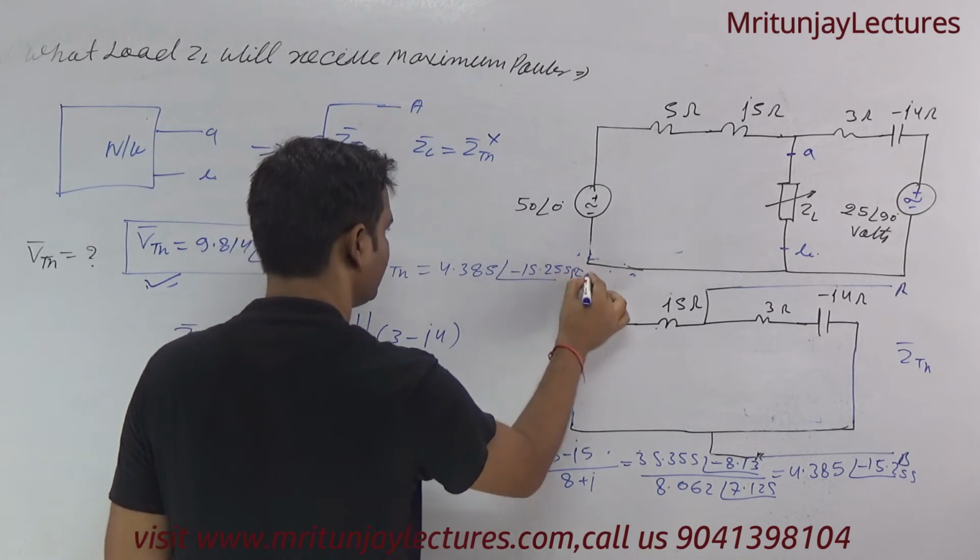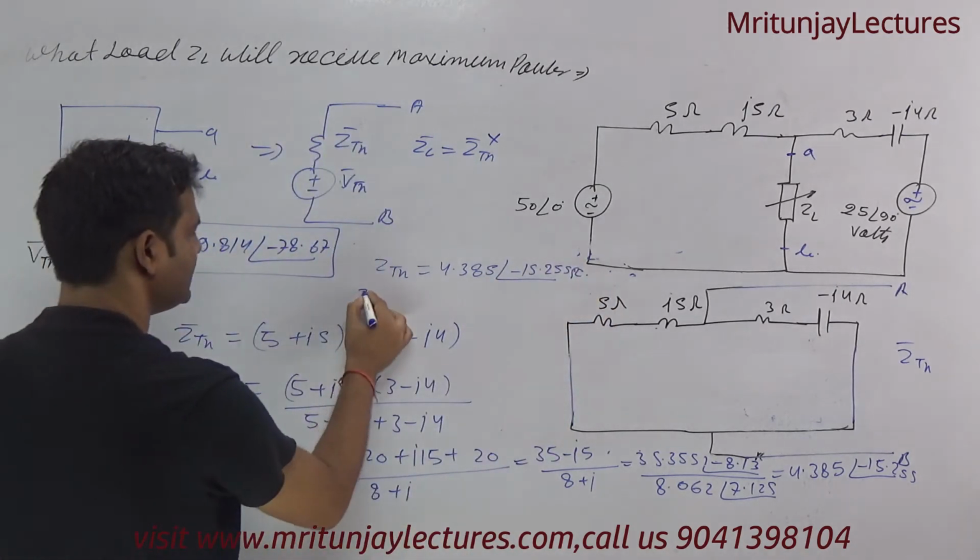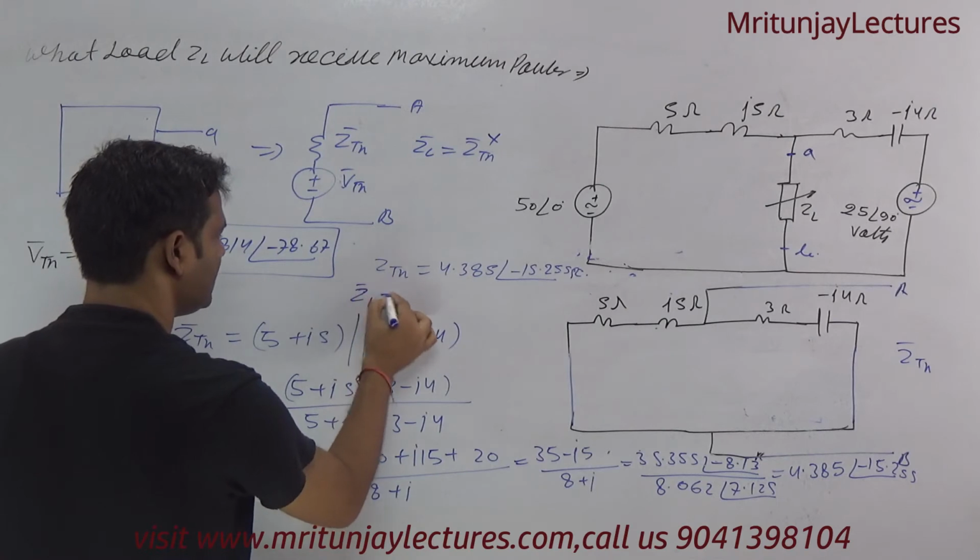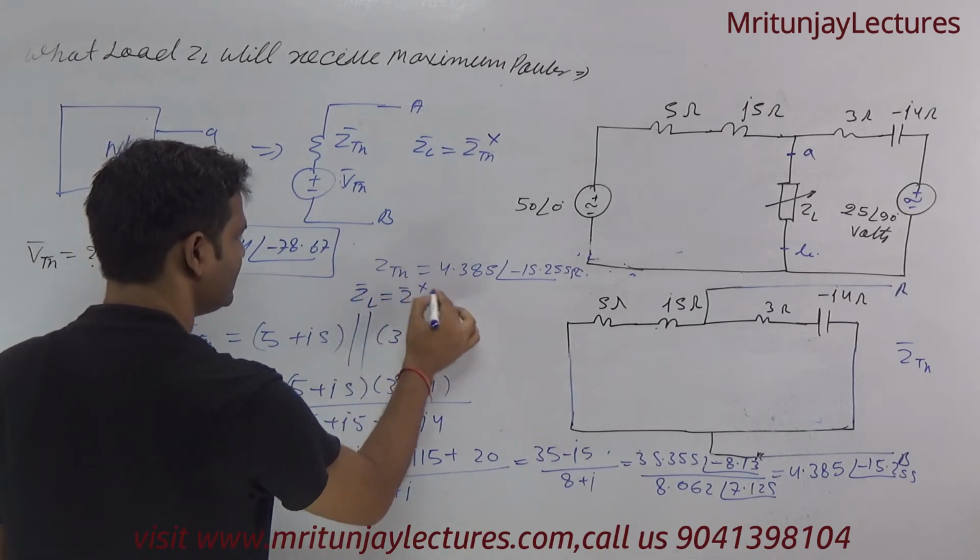ZTH is 4.385 at the angle minus 15.255 ohm. What about ZL? I know that ZL is the conjugate of this one.